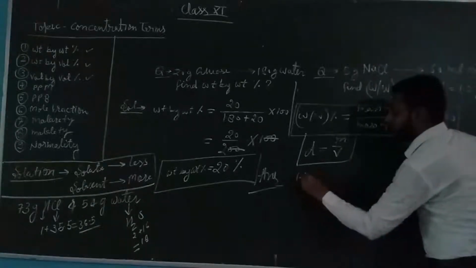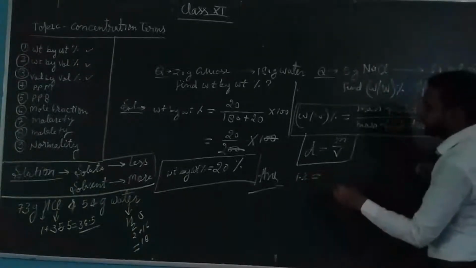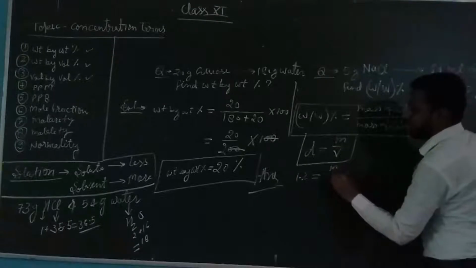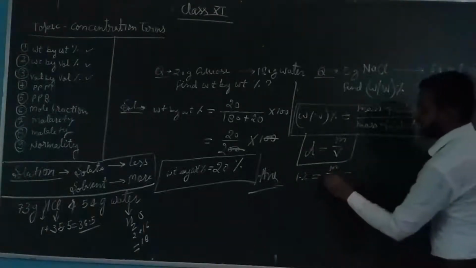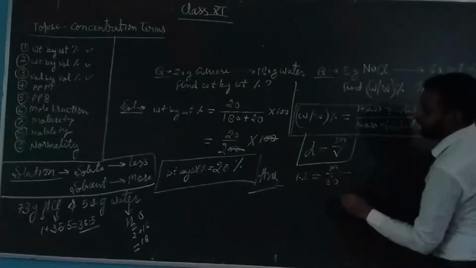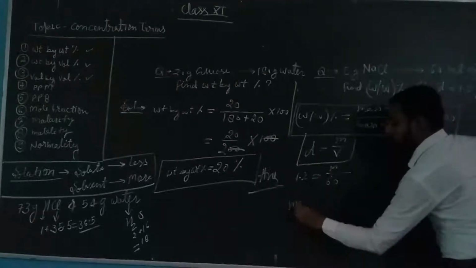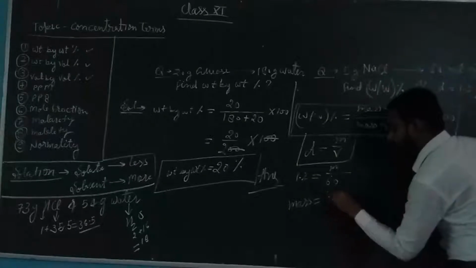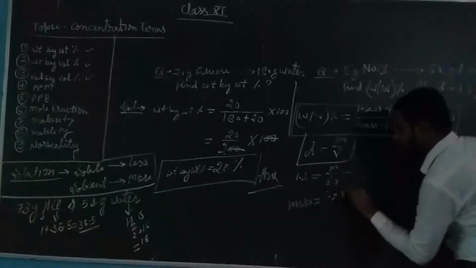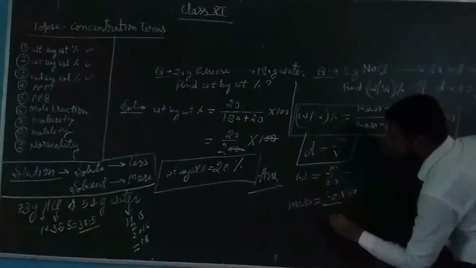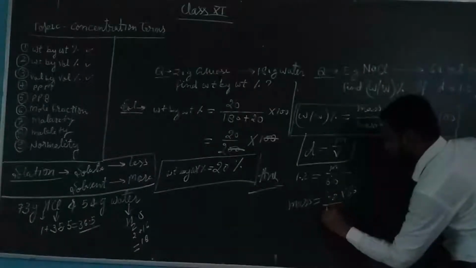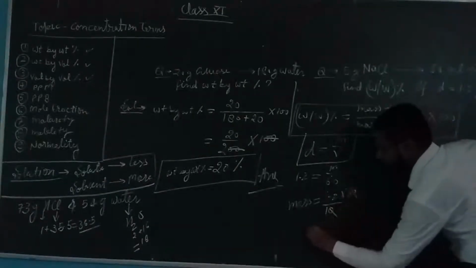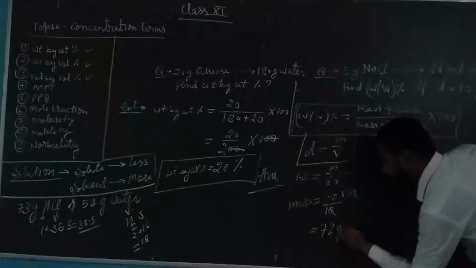The density is 1.2 gram per ml, the volume of solution is 60 ml, so the mass is equal to 1.2 into 60, which is 72 gram.